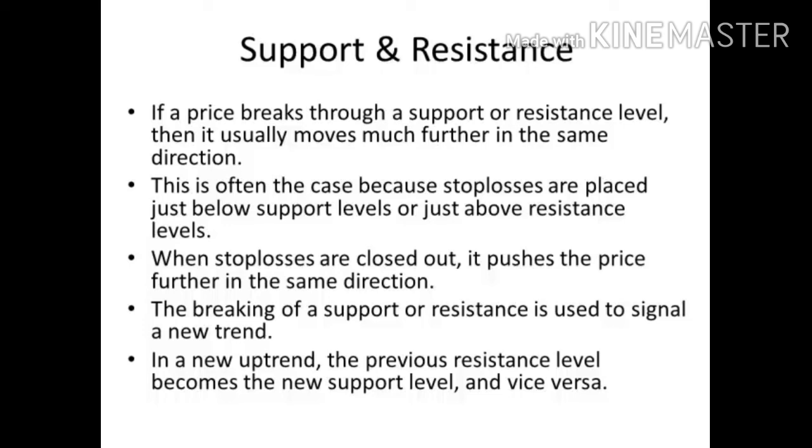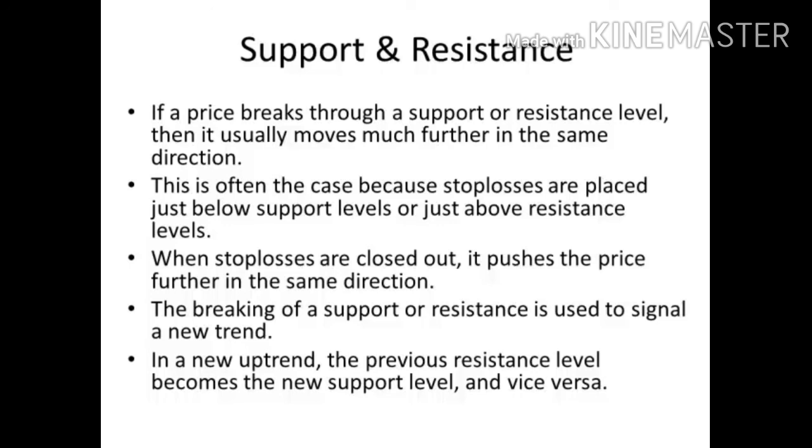Let's think about why this might be the case. Well, support levels and resistance levels are used to place stop losses quite often. Now, because when a support level or resistance level is breached, stop losses get closed out, and this pushes the price further in the same direction.